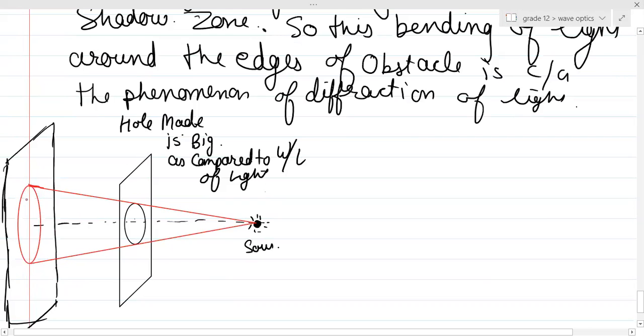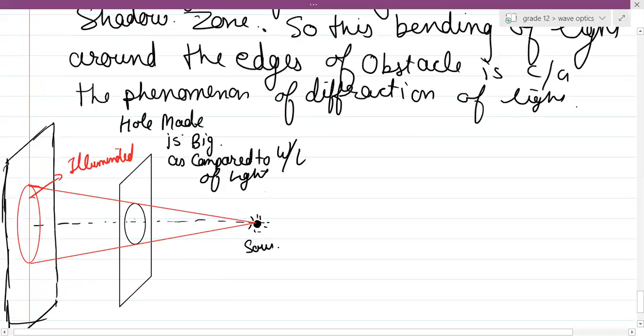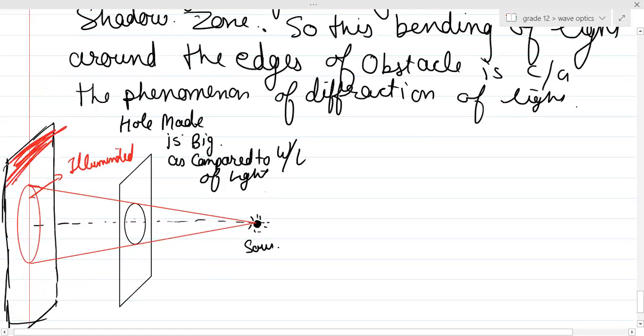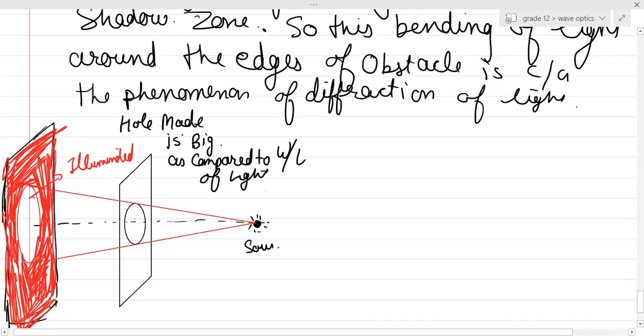Yes or no, guys? So this will be the illuminated zone. This portion will be illuminated, whereas the remaining portion, can you see it? This portion will be dark. Yes or no? So this dark portion is called the shadow zone.